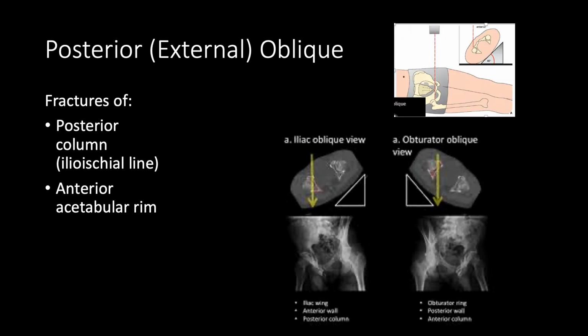And then you can use the external oblique to get a better picture of the anterior acetabular rim. So if you're suspecting an acetabular fracture or any type of issues after particularly a hip dislocation or something like that, you would use more of these oblique views. Not commonly seen in practice except in specialty views. Primarily going to use an AP and a lateral view.